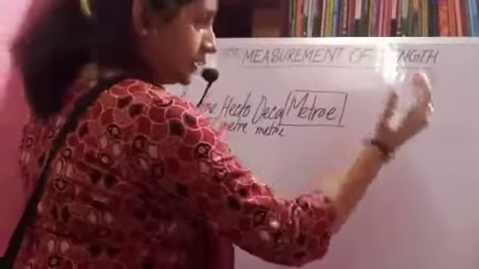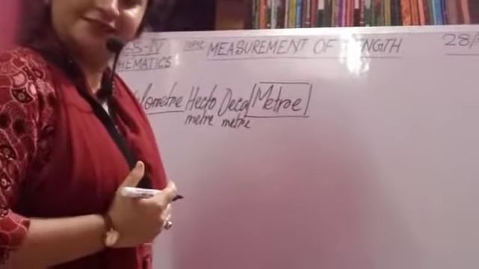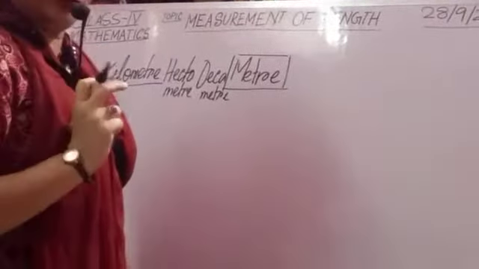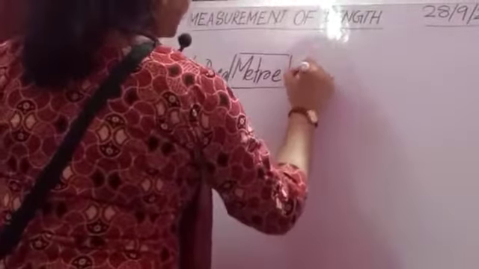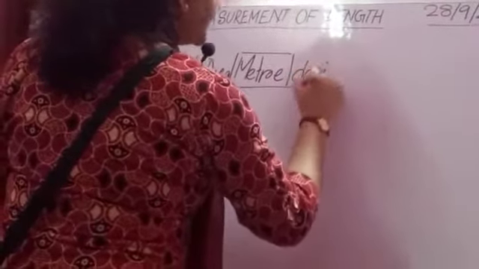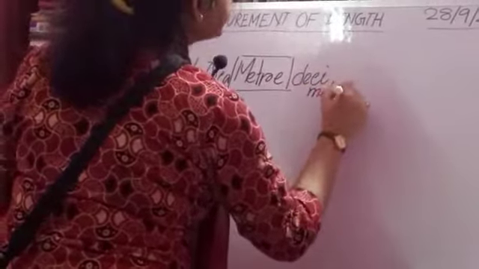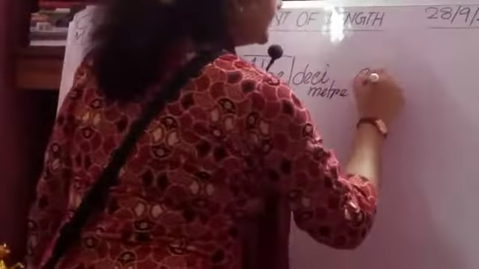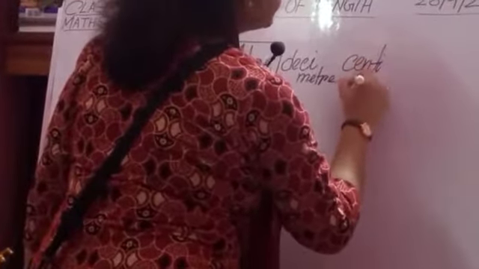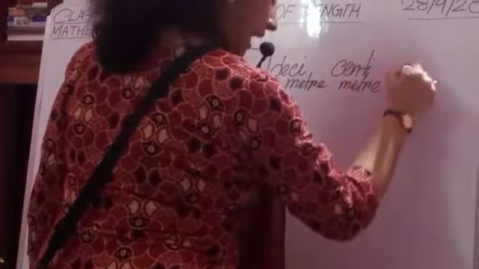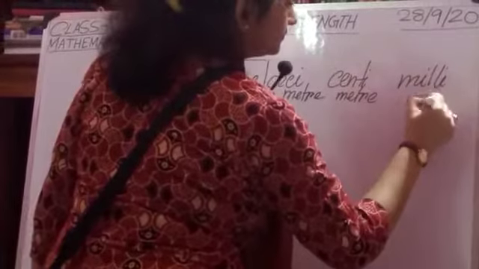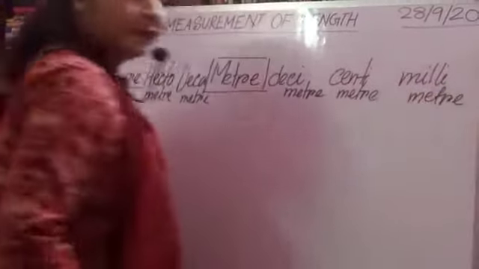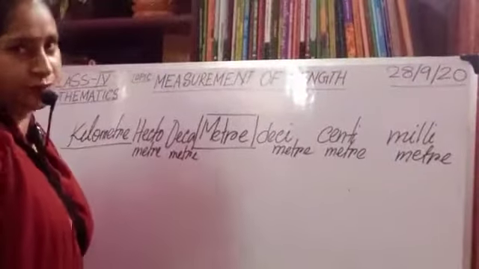Now, on the right hand side sit the smaller units to measure length. What are they? Decimeter, centimeter, and millimeter. So, these are the smaller units.